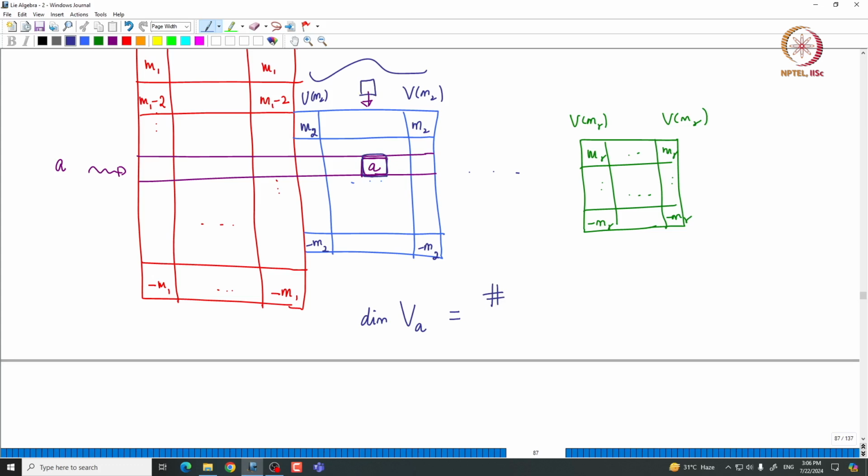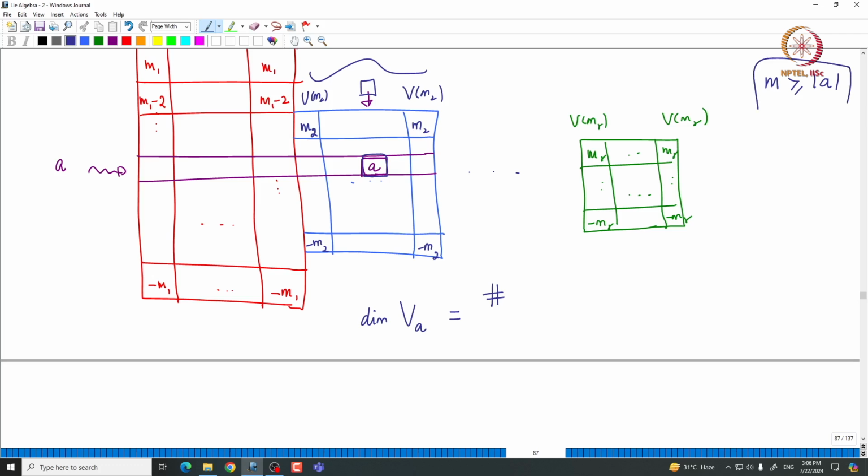Okay. So, that means if this A appears there, then we have these obvious relations. So, let us say A appears in V m. Then that immediately gives that this m must be greater than or equal to mod A, because m is the highest weight. So, if A or minus A appears inside V m, that means both A and minus A should be smaller than m.